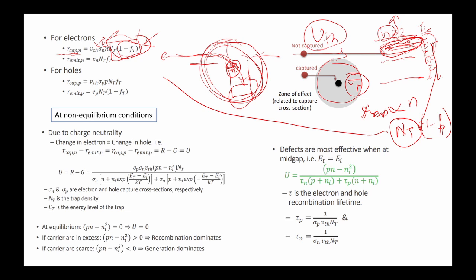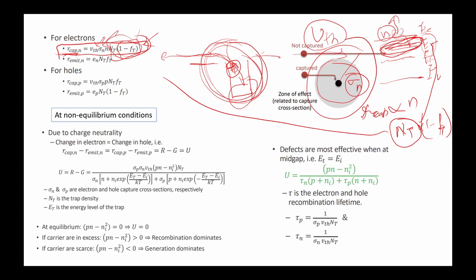So the capturing rate is given by this. I think you got this point. This is how it depends on the parameters I have shown you. The more the capture cross section, the more the capturing rate.